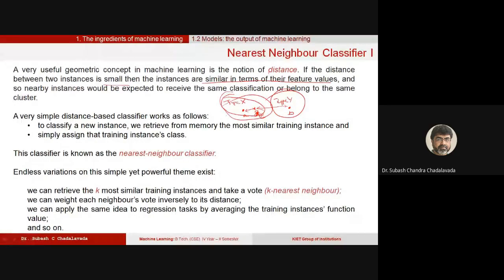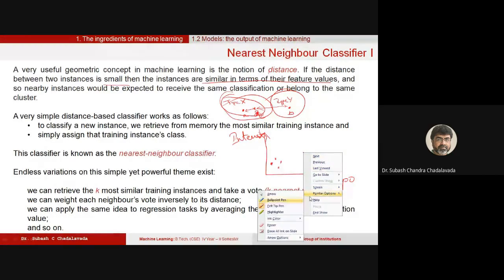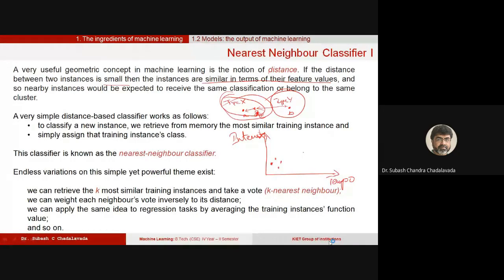If you remember the example we have seen about songs, with intensity on one axis and tempo on the other. A person dislikes slow songs, but there are certain songs that he likes, the songs which are fast in beat.